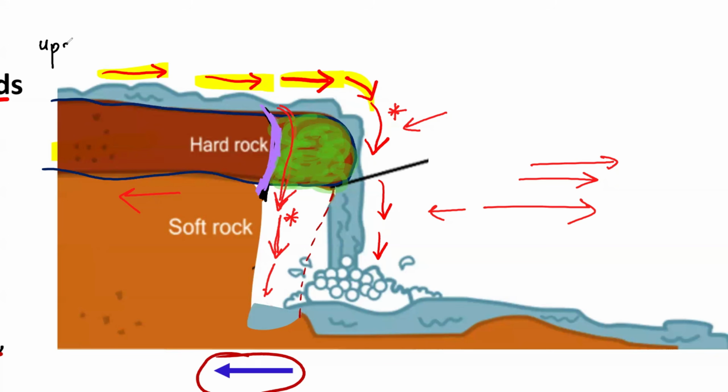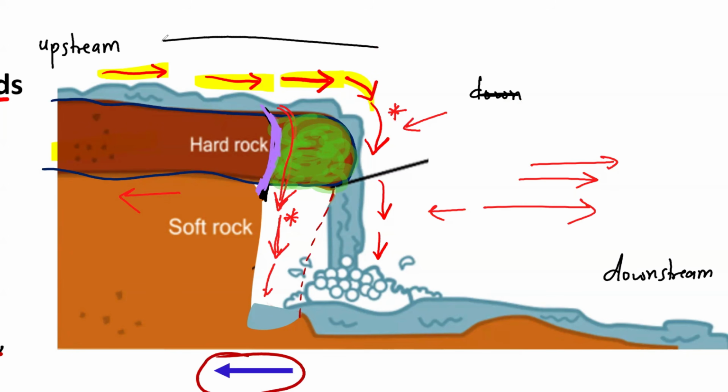So the river is coming from upstream, a high lying area, and going towards a lower lying area, downstream. The water flows from a higher lying area, like a mountain, and flows down.